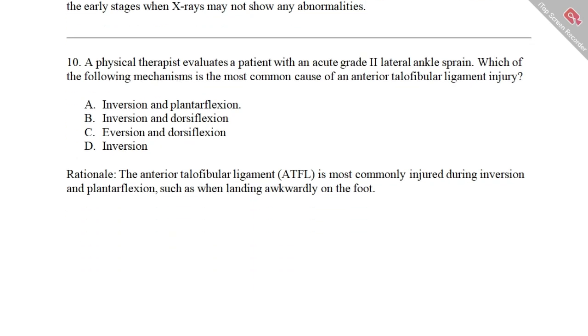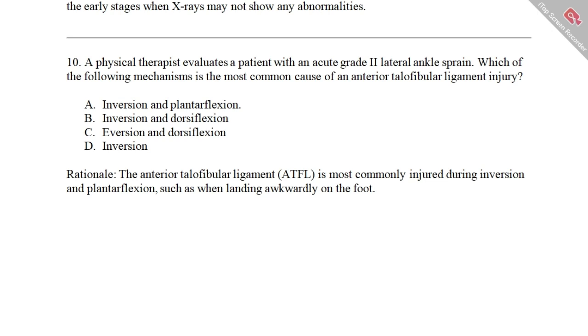A physical therapist evaluates a patient with an acute grade 2 lateral ankle sprain. Which of the following mechanisms is the most common cause of anterior talofibular ligament injury? Option A is inversion and plantar flexion. Option B is inversion and dorsiflexion. Option C is eversion and dorsiflexion.